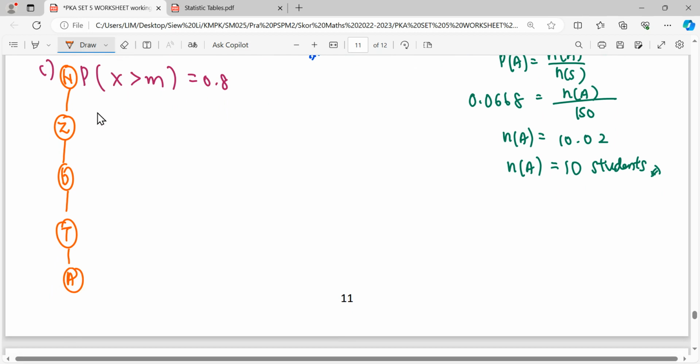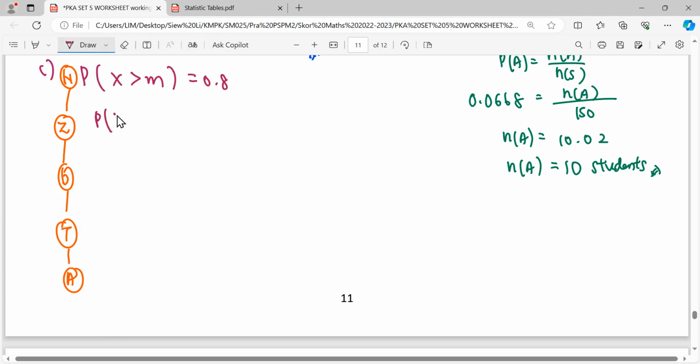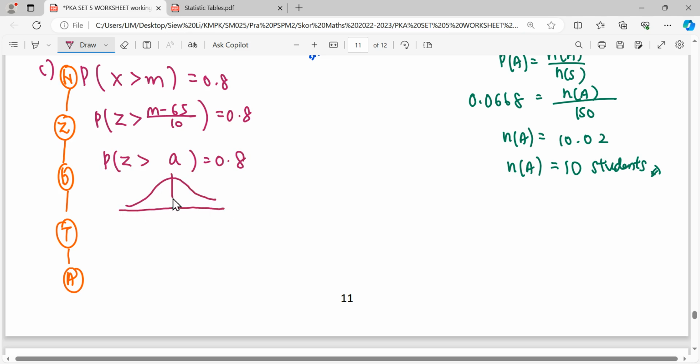So to change to Z-score, we need to minus the mean over the standard deviation. So let's say I let this unknown Z-score be a value A, for us easier to carry out the writing. So we need to find what is the Z-score which is missing here.